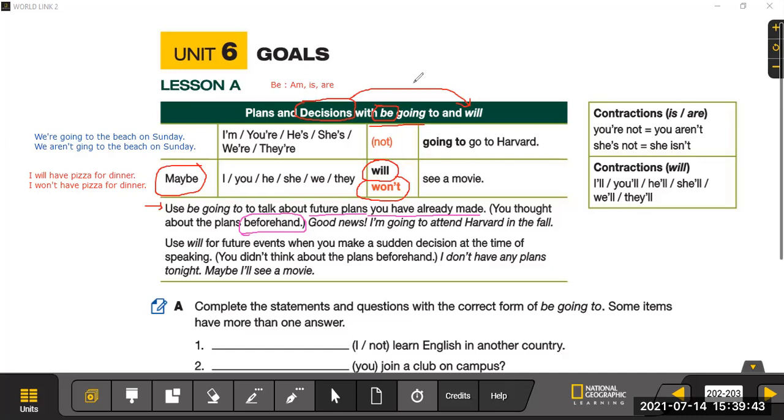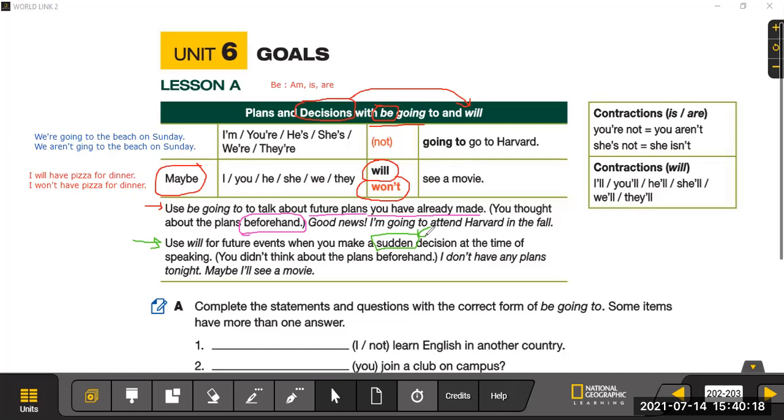And the other rule that we have here is use will for future events when you make a sudden decision at the time of speaking. Sudden means repentina. Okay, so when you have a sudden decision, is that you weren't thinking about it. You thought about it right now in the moment.